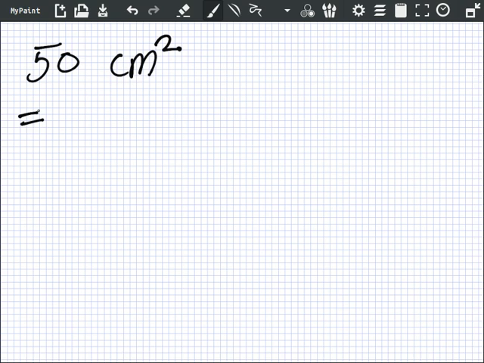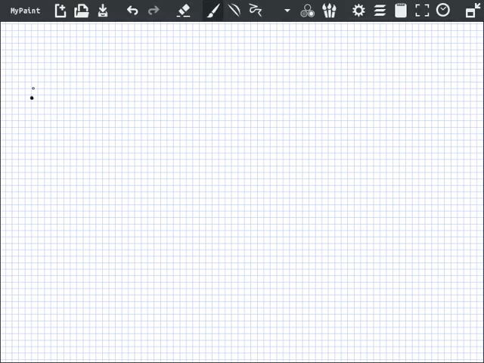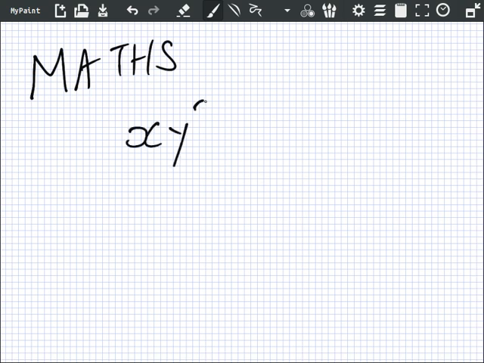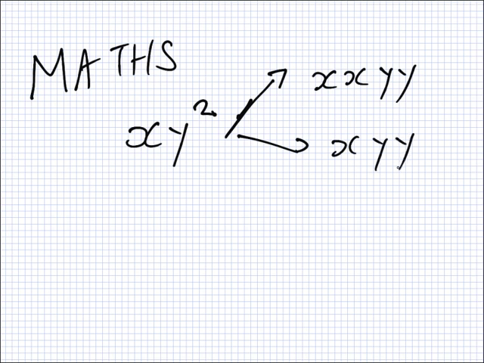Now, before I start, something to tell you. Okay. Let's say we're in maths class and I write x, y squared, okay? Do I mean x, x, y, y, or do I mean x, y, y? X, y, y. Yeah?